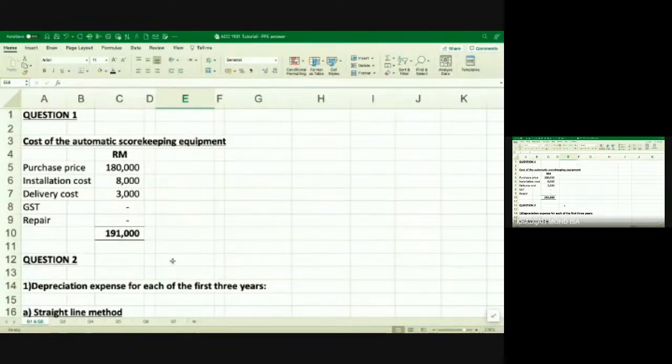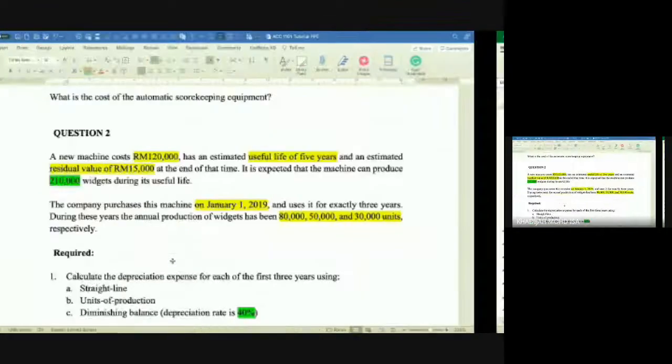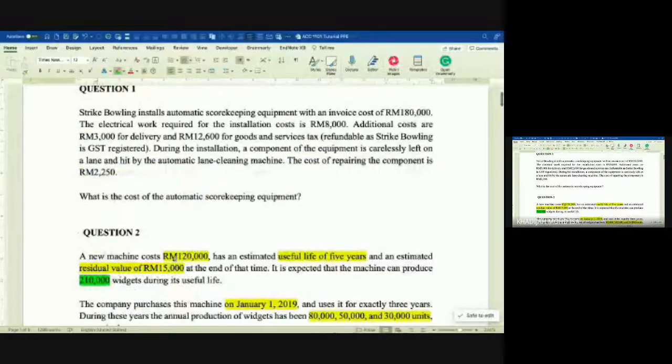But the machine was carelessly left on a lane and hit by the automatic lane cleaning machine. So the 2250 you have to incur is not the original cost of the machine. It's a cost you incur later, because of the accident, to pay for the repairing. So that falls under repair and maintenance, which is revenue in nature.